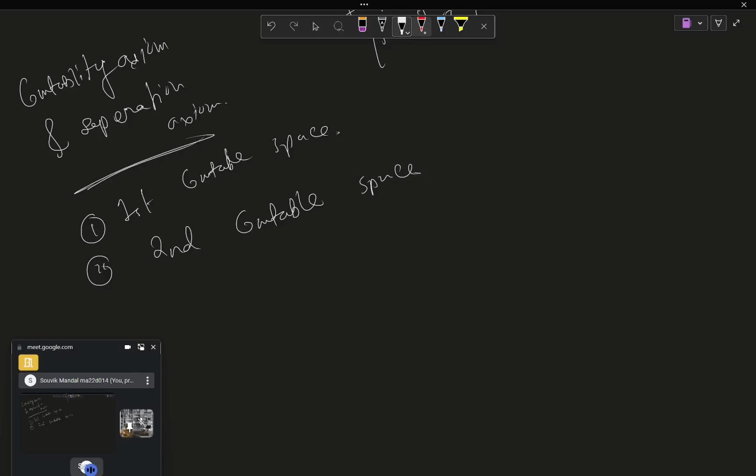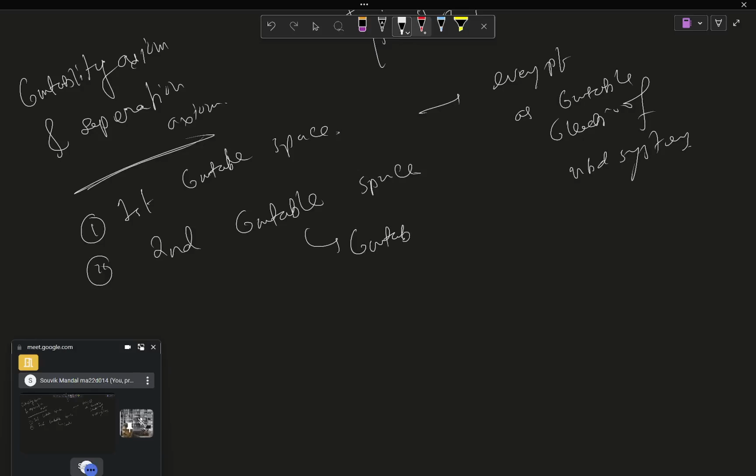First countable space means every point has a countable collection of neighborhood systems, and second countable space has a countable basis for the given topology.